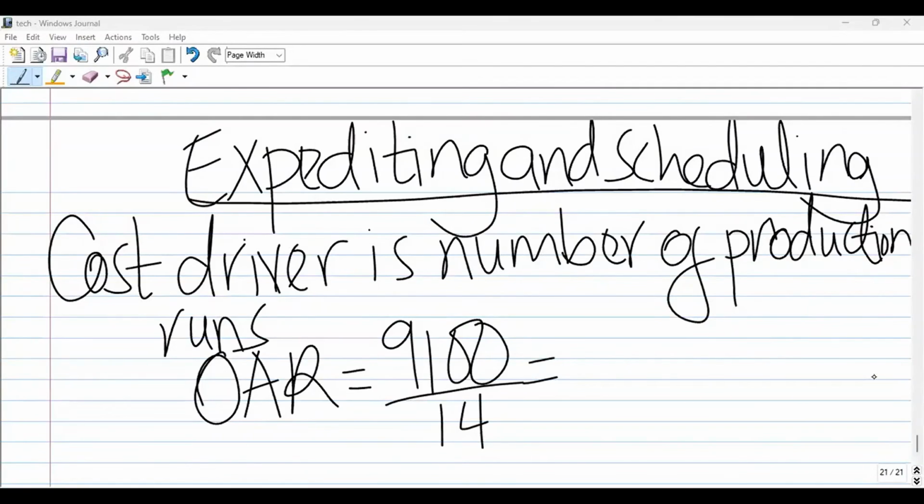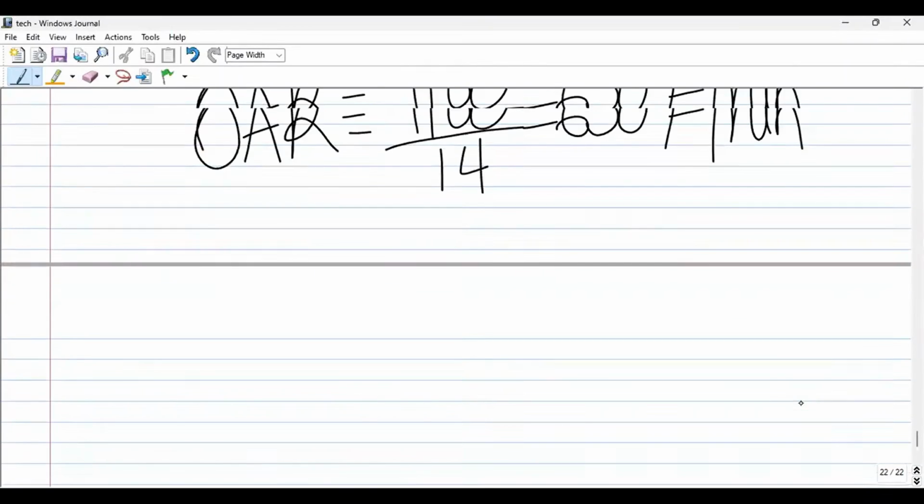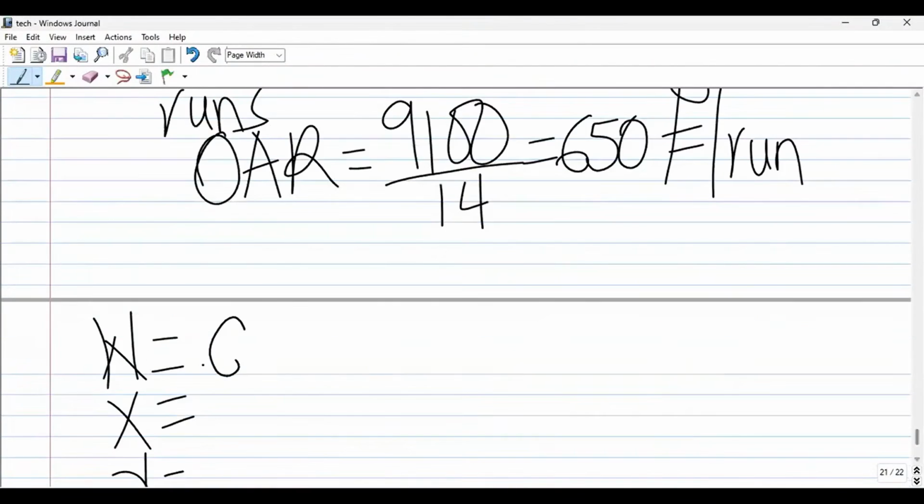So what do we get there? 650 shillings per run. So for W, 650 times 2 is 1,300.